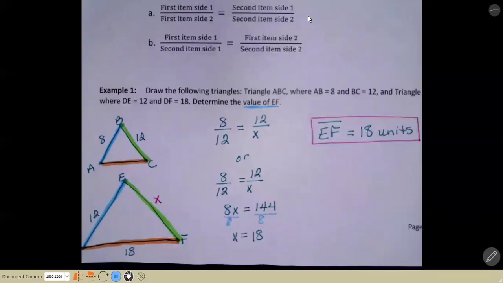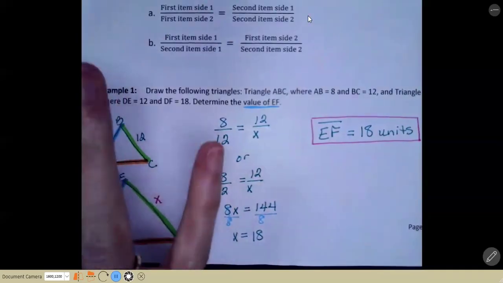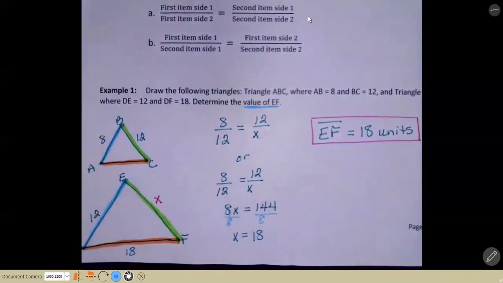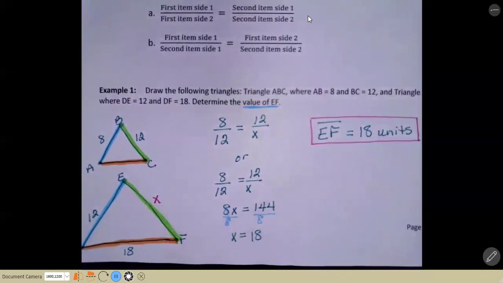Those are the same, but then 12 is not. So does that mean that A and C is 12 too? The numbers are not right, I need to change the numbers on my notes. The numbers are just off. So as long as you're able to solve the proportion, I need to change this up a little bit.